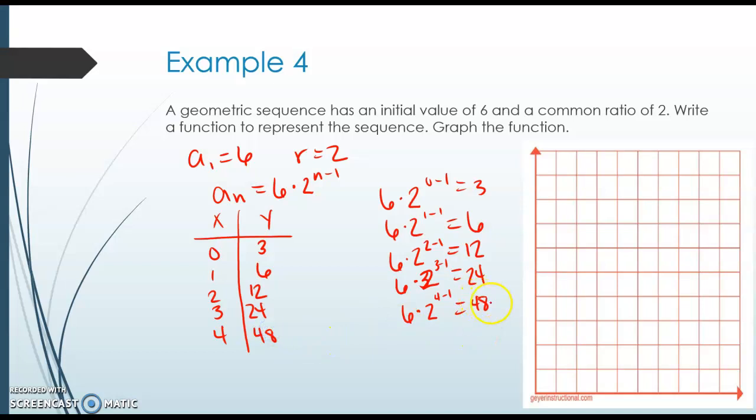From here, I'm going to count by tens. So this would be 20, 40, 60, 80, and then up here would be 100.